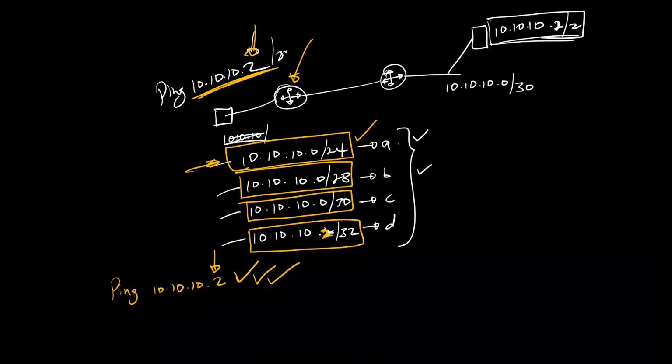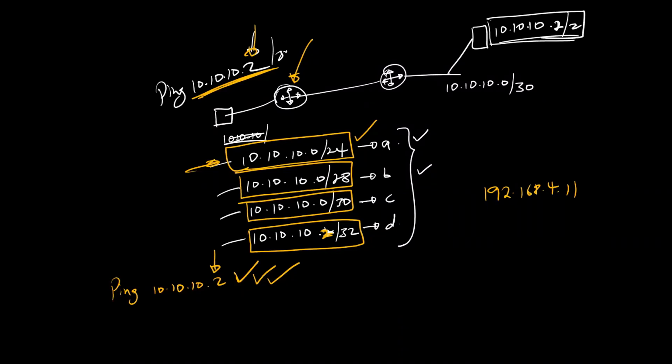I need you guys to understand this. Uzaifa: I just want to get it more clearly. Which example of a host wouldn't be part of any of these ones? 192.168.4.11. Okay, thank you.